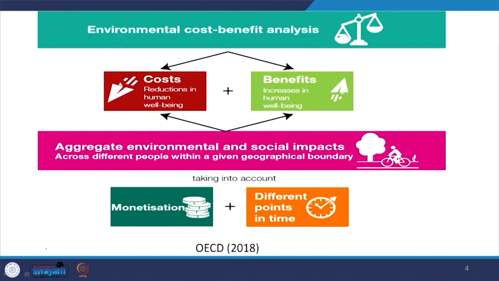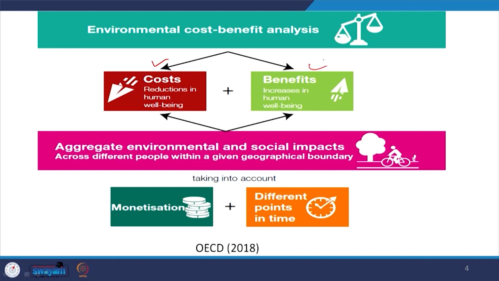The same logic and rationale are also applied in environmental cost benefit analysis. Here, as you understand, we take into account all the costs that reflect reductions in human well-being and satisfaction, as well as all the benefits that are supposed to increase human well-being.